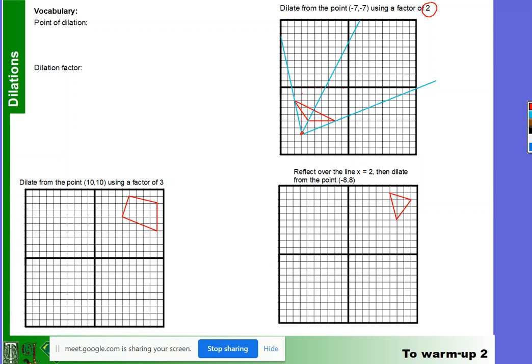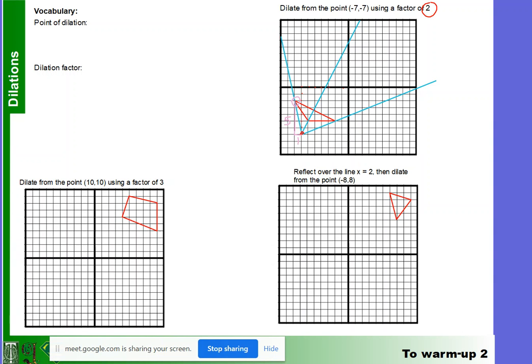So what I'm going to do is make a nice little slope triangle. From my point of dilation, how far up and how far over is this point right here? It is 1 over and 5 up.